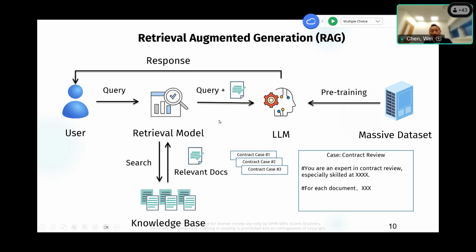And if you look at the example here with the contract reviewing, last time in prompt engineering, what we were talking about was putting few-shot learning, a few examples, within the prompt.